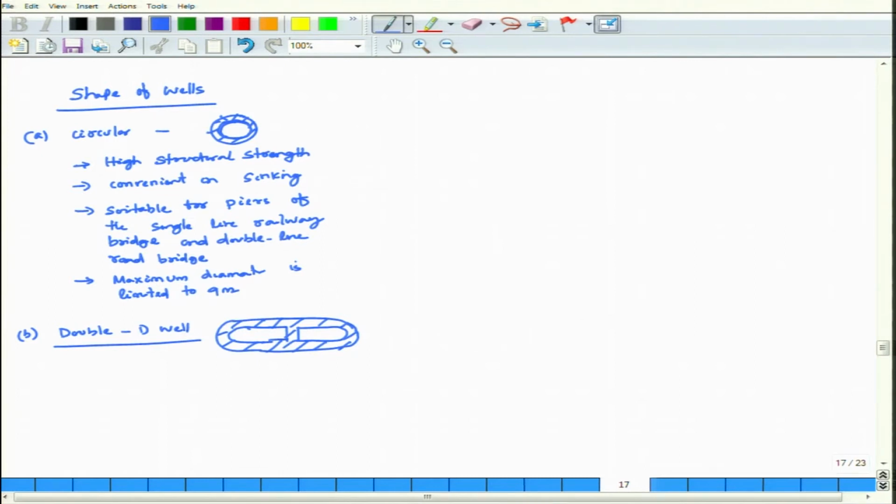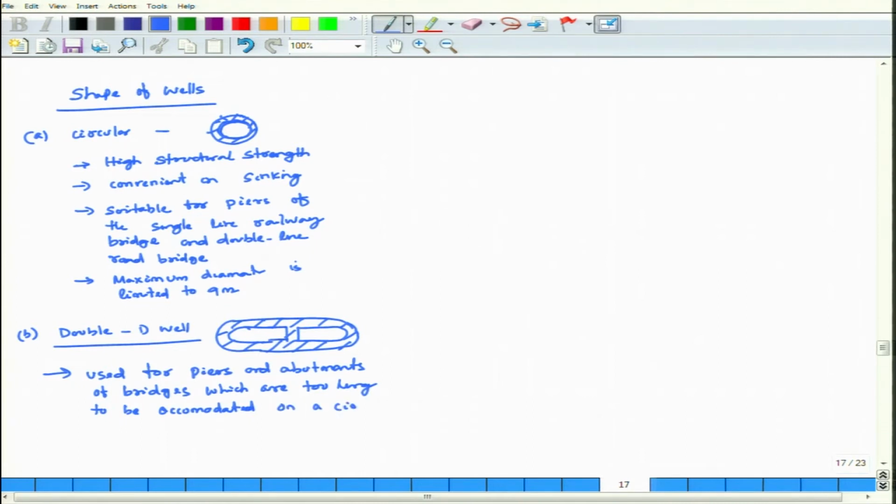This is the shape of the double D well, used for piers and abutments of bridges which are too long to be accommodated on a circular well of 9 meter diameter.